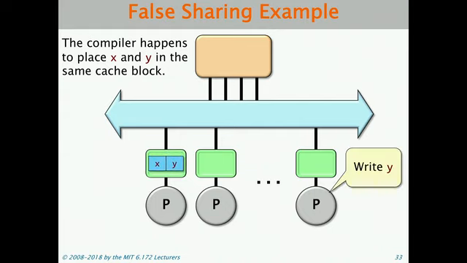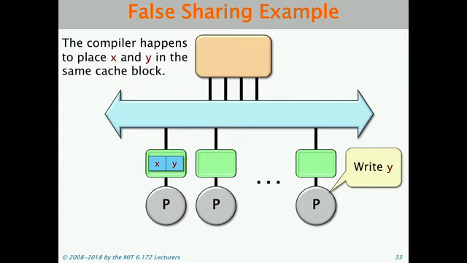And then you can see this phenomenon keep happening. So here, even though the processors are writing to different memory locations, because they happen to be on the same cache line, the cache line is going to be bouncing back and forth on the machine between the different processors' caches. And this problem gets worse if more processors are accessing this cache line.